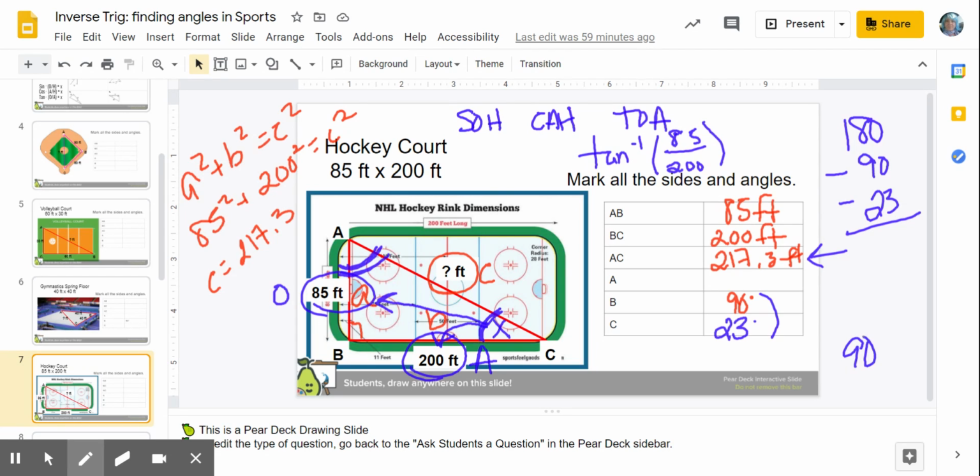So 77 or 67? You gotta like uncarry the 1 when you're subtracting. I don't know how to say that better. Nice.